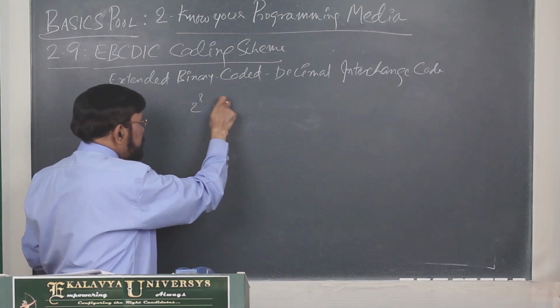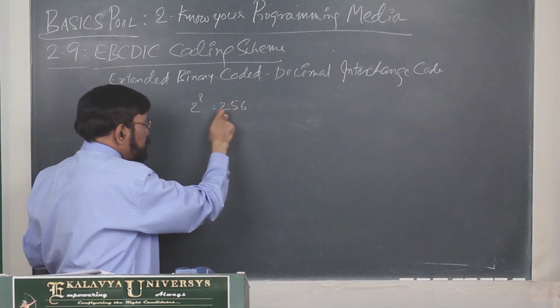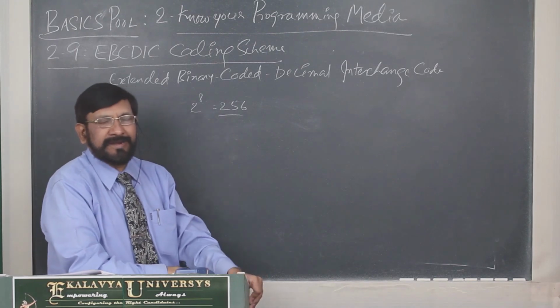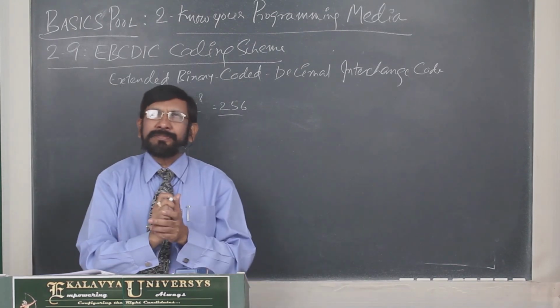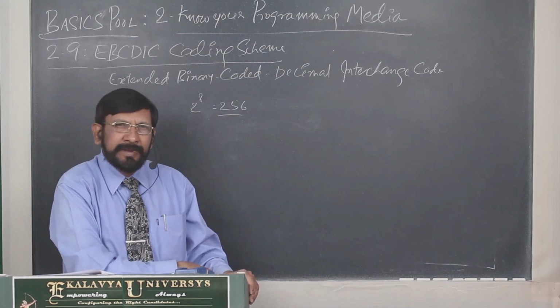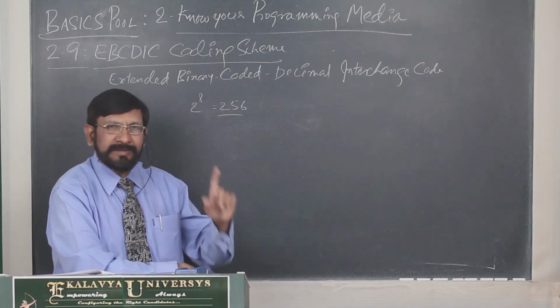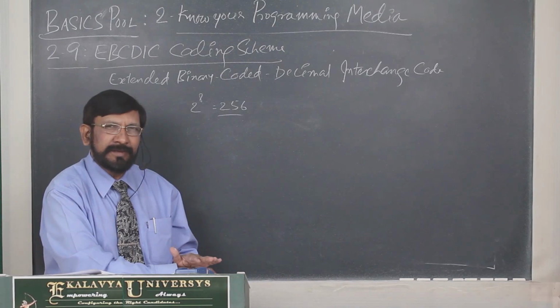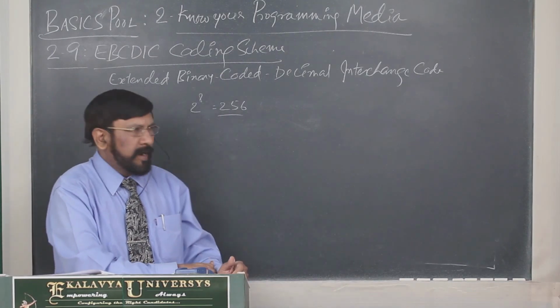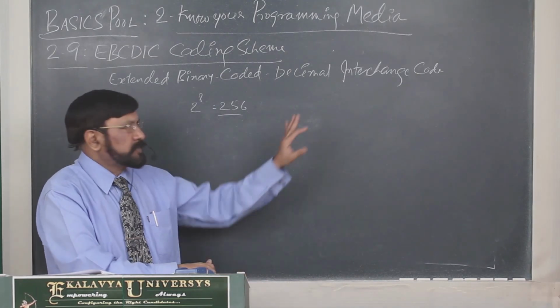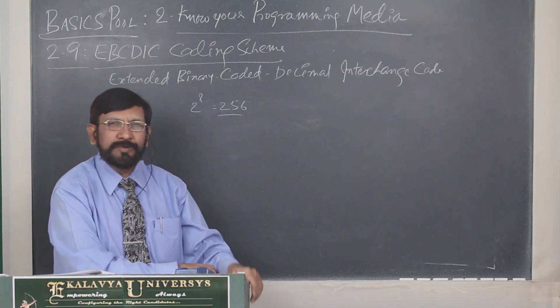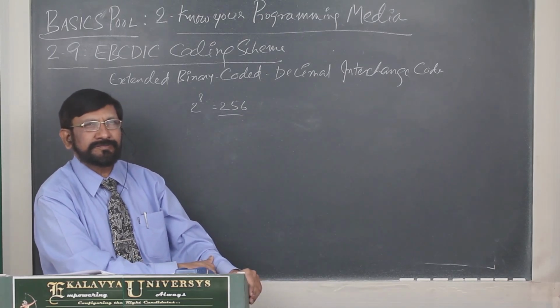That is, it provides coding for 256 characters. Actually, this is meant for mini computers and mainframe computers. ASCII and extended ASCII are for microcomputers, and this is used for mini computers and mainframe computers.